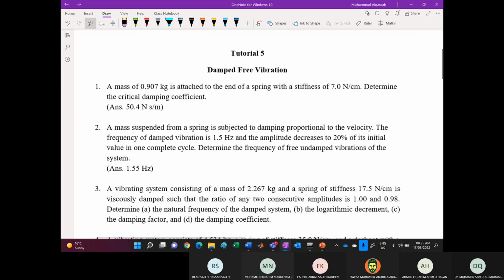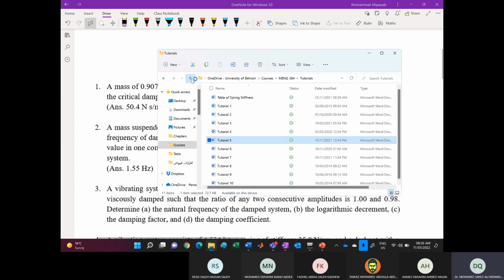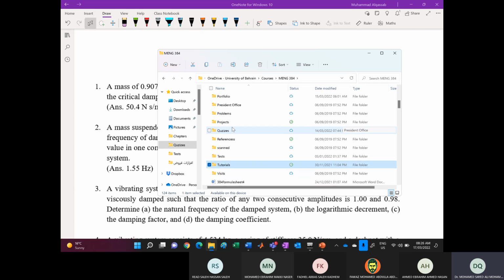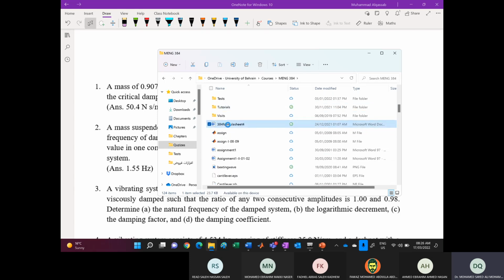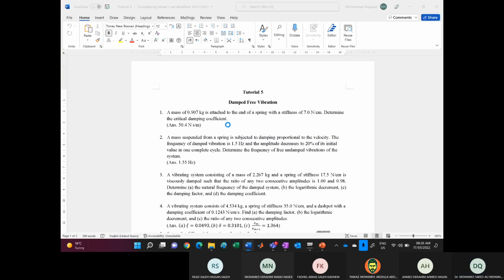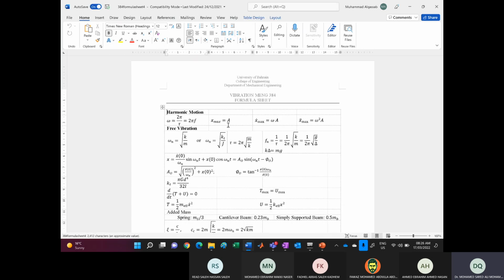Okay, a mass of 0.907 kilogram is attached to the end of a spring with a stiffness of 7 newtons per centimeter. Determine the critical damping coefficient. We have the formula sheet. You can use it. I will put this as part of the attachment of the test, just to have an idea.